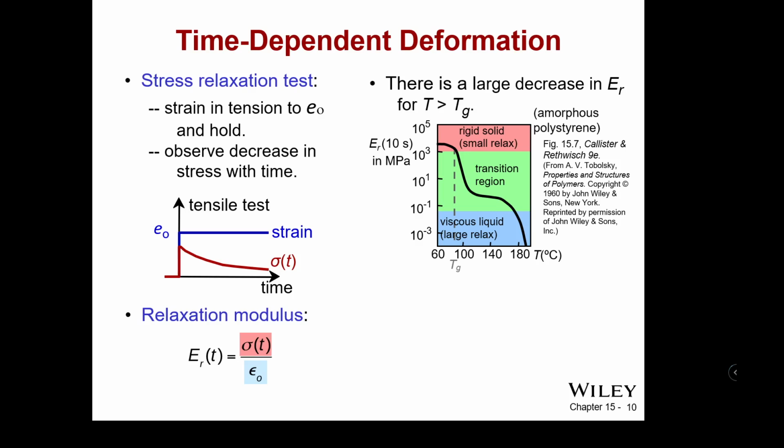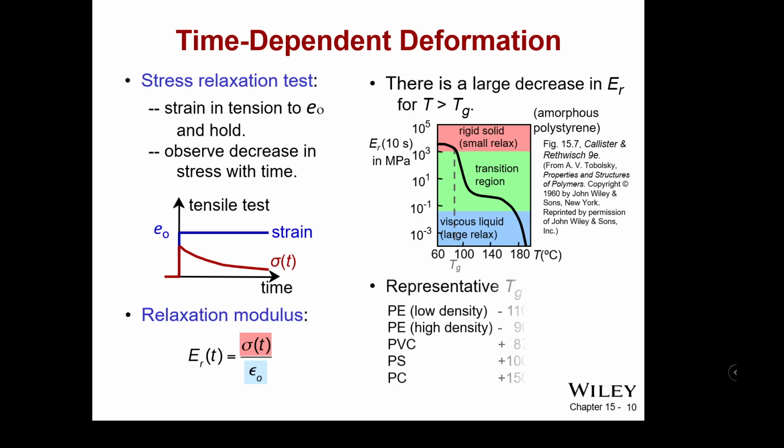So there's a lot of changes, but it's only a rigid solid down below about, in the case of glass transition, around 100 C for polystyrene. So that's why we can use hot stuff in it, but not too hot and not for too long.